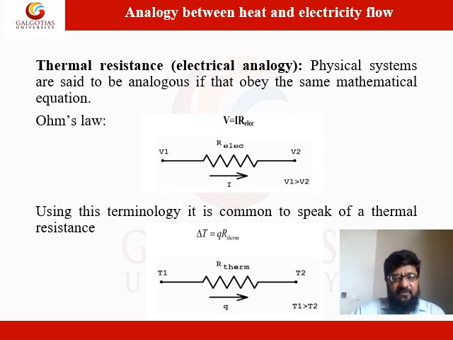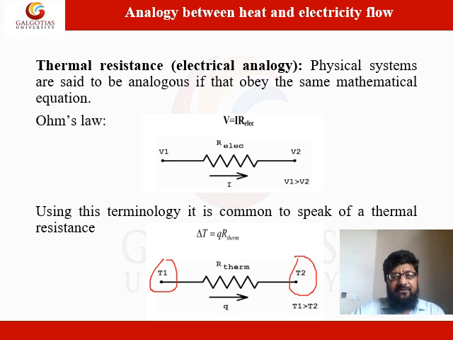In a similar manner, we can say that the cause of heat transfer is the temperature difference T1 T2. If T1 is greater than T2, then the heat flow will be from T1 to T2, and there will be a resistance because of the property of the material called thermal conductivity.